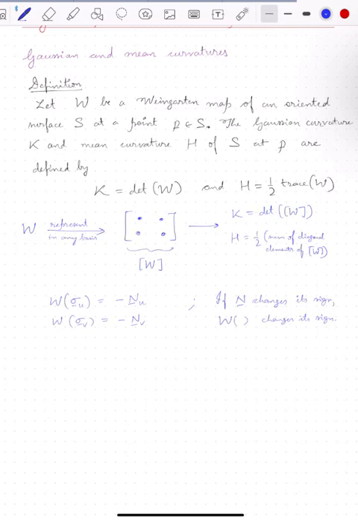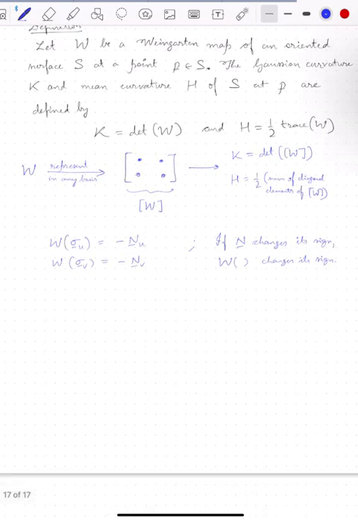So this is one thing. And what happens even if this changes? K is the determinant, right? So it is invariant with respect to sign change.